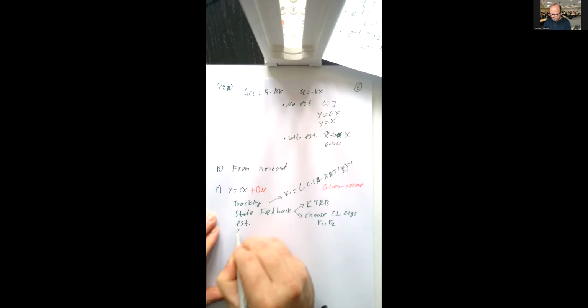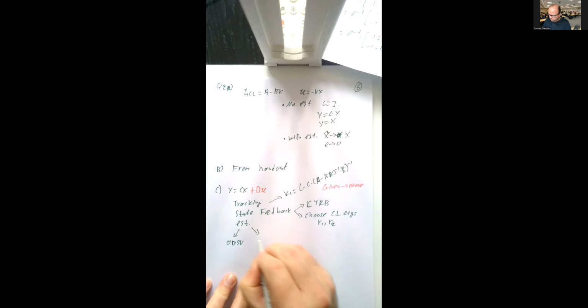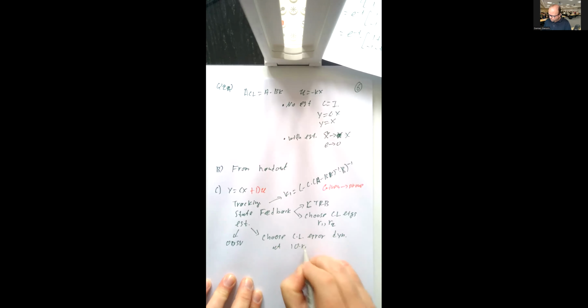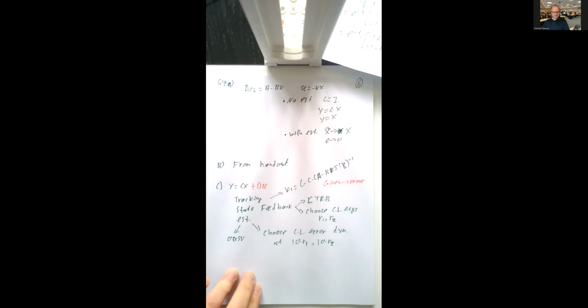And then for the estimator, we need to check that the system is observable, and of course we need to choose the closed loop error dynamics at 10 times R1 and 10 times R2, meaning that the estimator must be a lot faster.